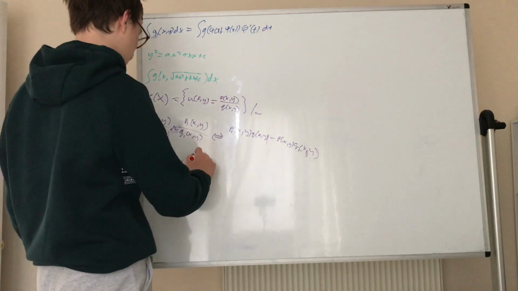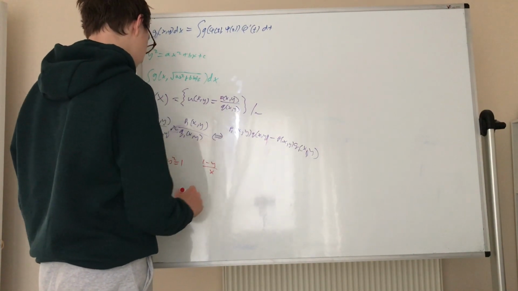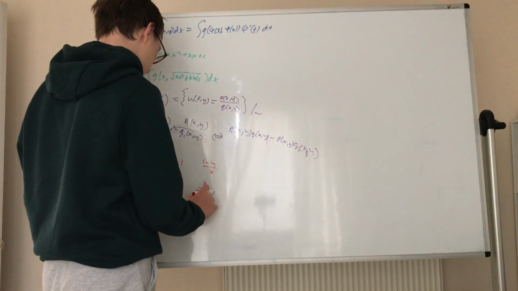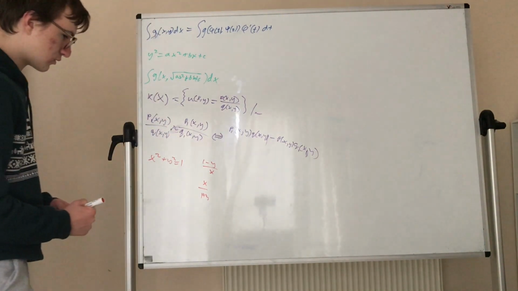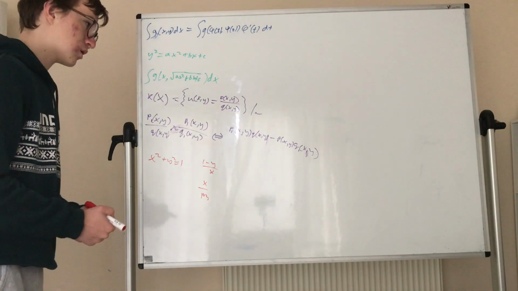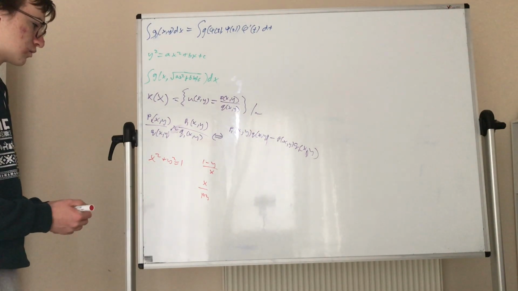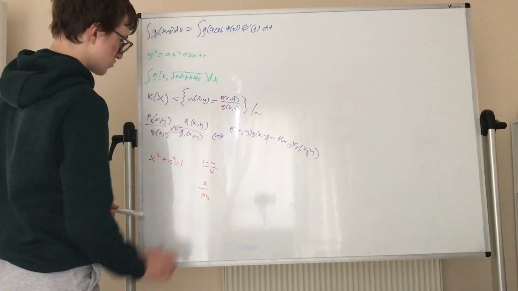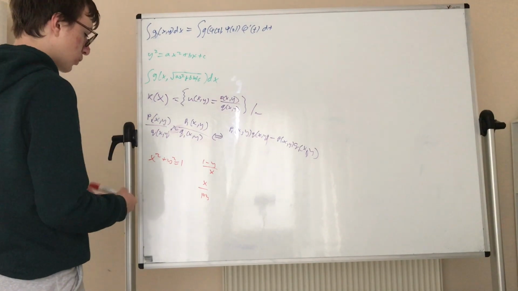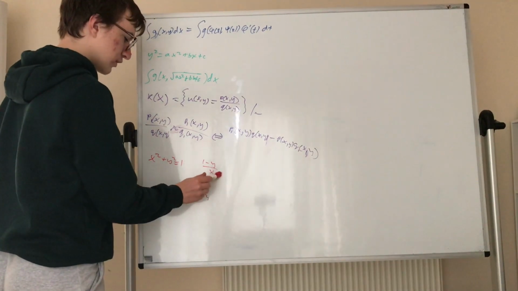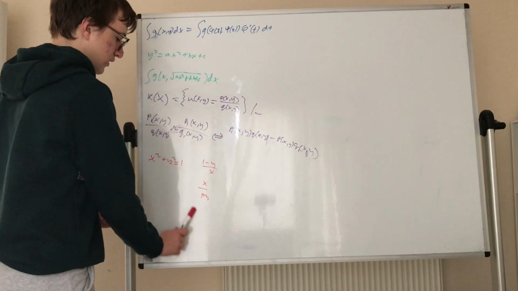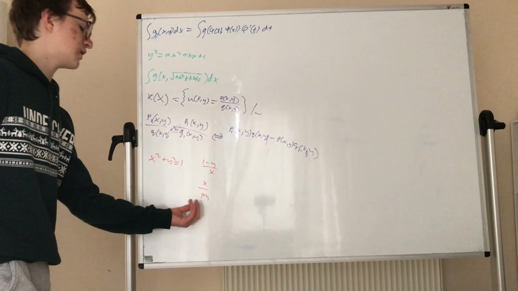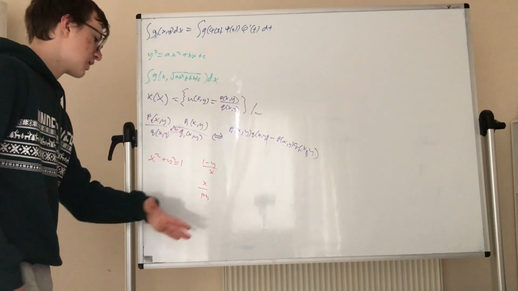We could have, say, for example, 1 minus y over x, or we could have x over 1 plus y. And at the point 0, 1, this thing is going to die, but this thing is going to be completely fine. And so this representation here is regular at 0, 1.